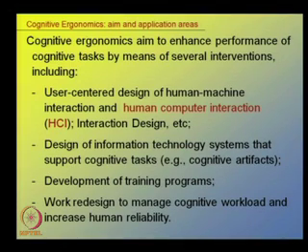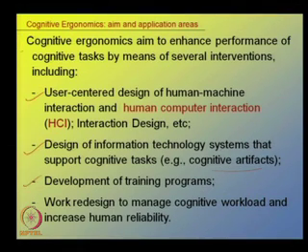So, cognitive ergonomics, its aim and application areas: cognitive ergonomics aims to enhance performance of cognitive tasks by means of several interventions, including user-centered design of human machine interaction and human computer interaction, that is HCI, interaction design, etc. Design of information technology systems that support cognitive tasks, as for example, cognitive artifacts.